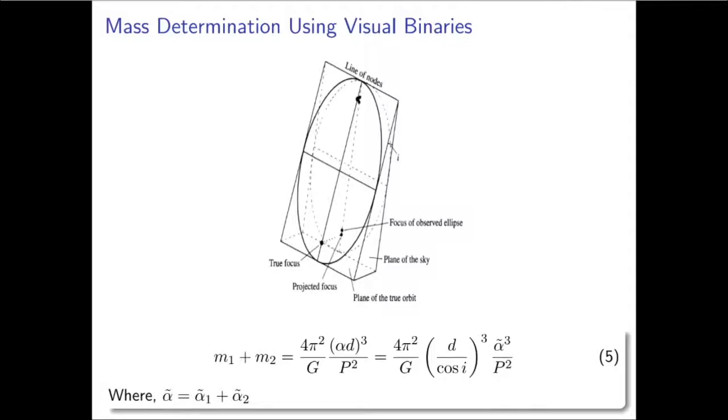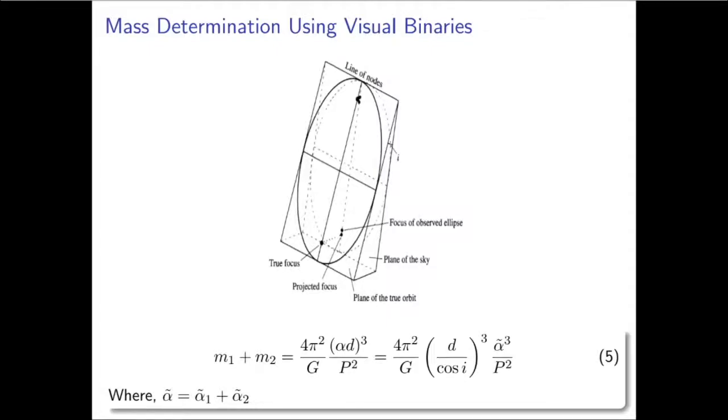Now if I ask what the individual mass of each star can be, in order to find the individual mass we will go this way. We will find the sum of masses, m1 plus m2 of both masses, and by using the sum masses, I can then find the individual masses easily.